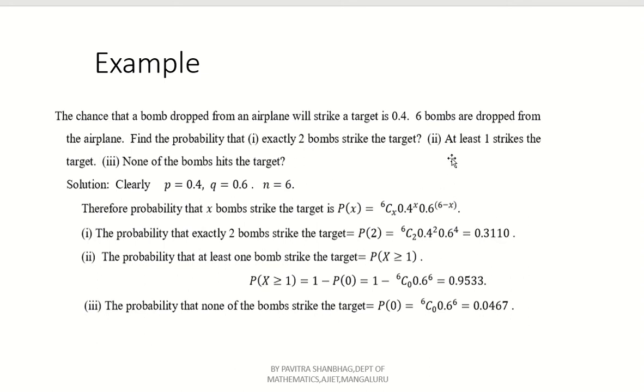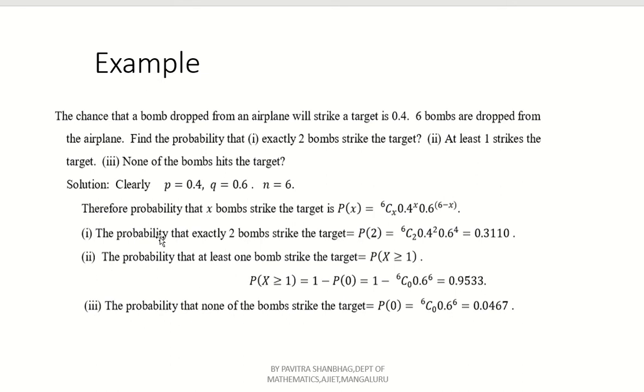Now, second one, at least one strikes the target. See here, again, at least one means one or more than one. That means up to the highest limit. Highest limit what? 6 given. Instead of calculating p of 1, p of 2, p of 3 up to p of 6, you can calculate 1 minus p of 0.